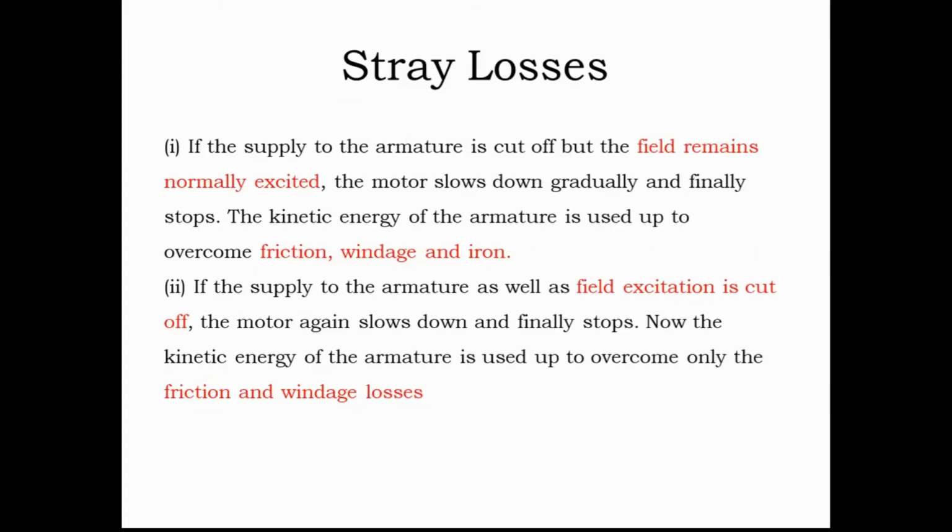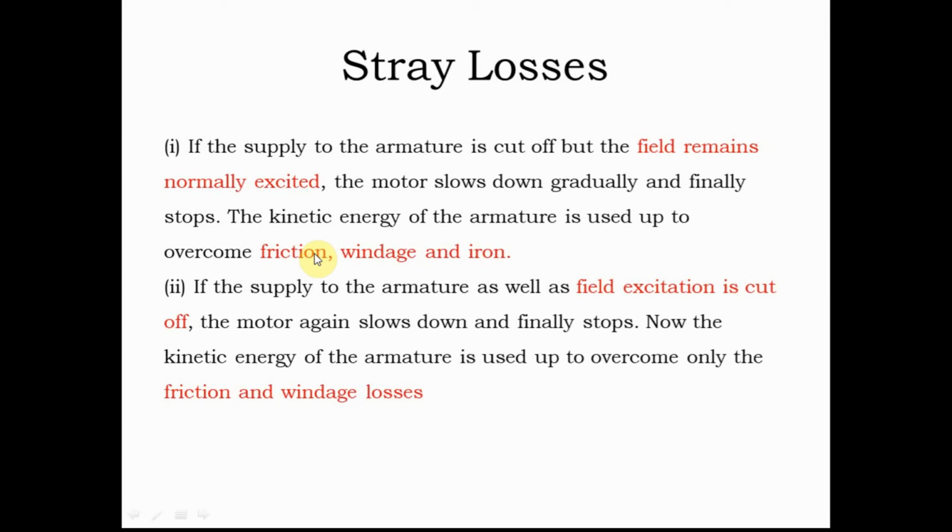Whether or not to include iron loss depends on the excitation of the field. If the field still remains excited, then the entire kinetic energy is used up to overcome the friction, windage, and the iron losses in the field winding and the armature winding.